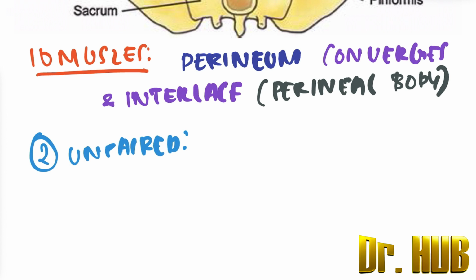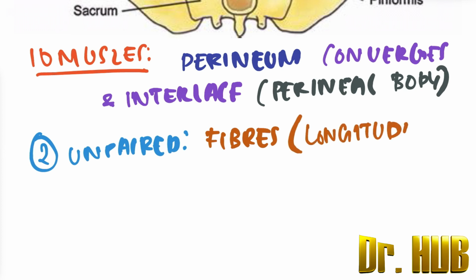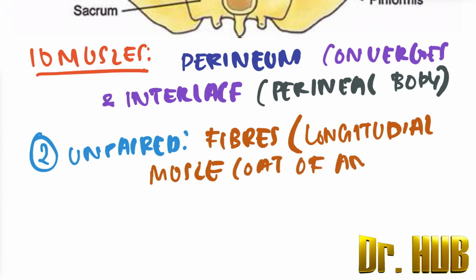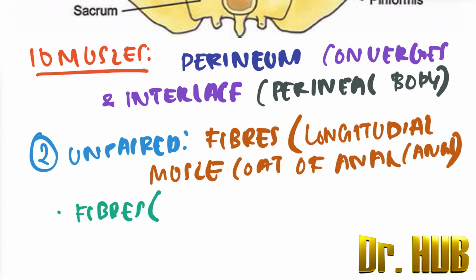There are the fibers of the longitudinal muscle coat of the anal canal. Next come the fibers of the external anal sphincter.